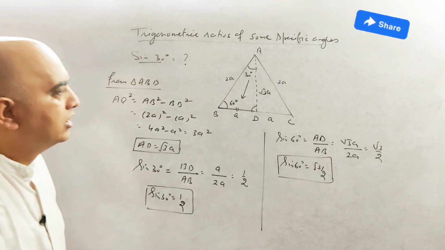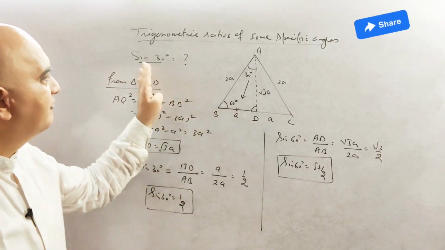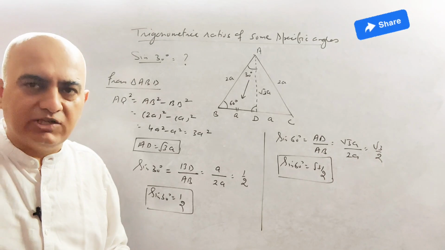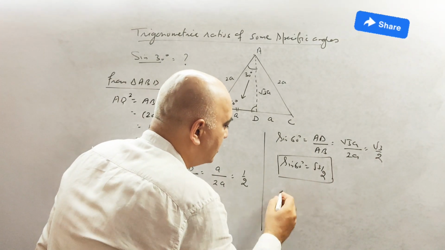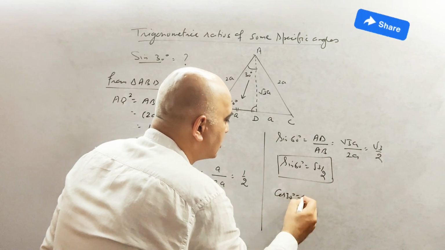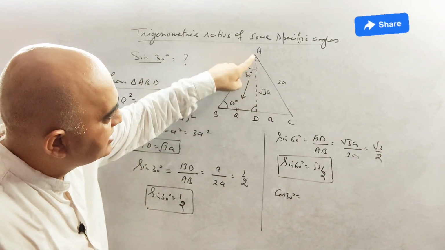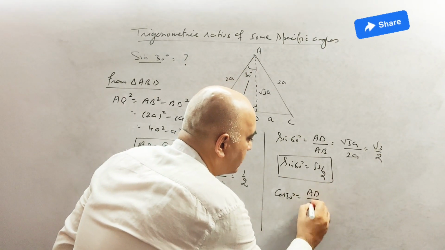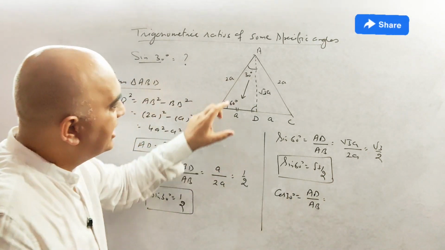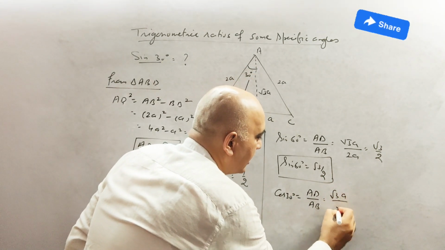In a similar way, from the same triangle, we can obtain the value of cos 30 and cos 60 also. What is the formula for cos 30? For cos 30, we take AD as the base, so AD upon AB. What is AD? AD is root 3a, and AB is 2a.